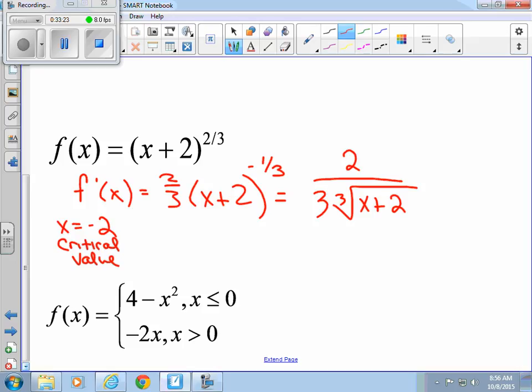How did it come out to be negative 2? What's negative 2 plus 2? Negative 2 plus 2 is 0. Right, and then what's the cube root of 0? 0. So if you just look at that one piece, that's what calculus does to you. Overthink.